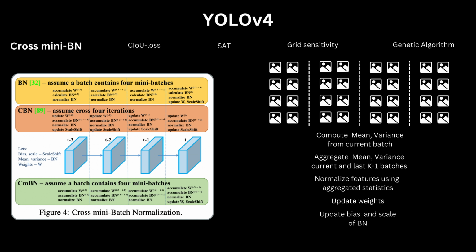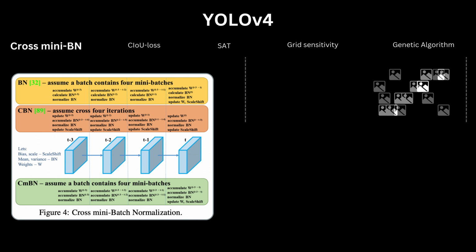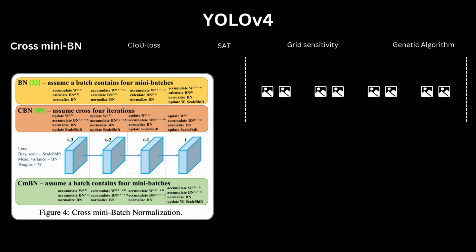For cross mini batch normalization, we'll aggregate statistics within mini batches of a single batch. So assume our mini batches are of 2 examples, and batch size is still 8. For the first mini batch, we compute mean and variance from activations of these 2 examples, normalize features, but now we won't update the weights.